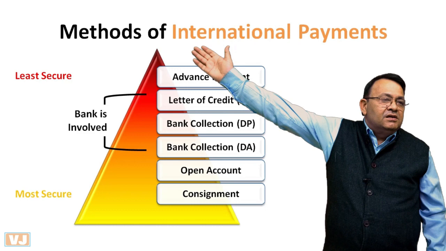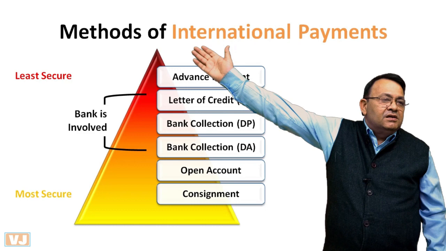So these are the different types of international payment methods that are used depending on the different situations, different scenarios of business. So in the next slide, instead of discussing in depth all these payment methods, I will focus on the letter of credit, that is the documentary credit.